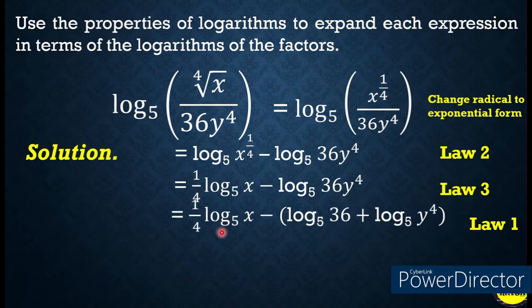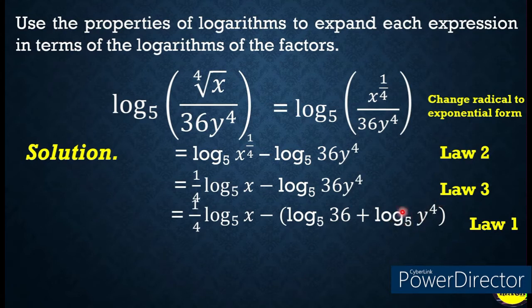So, 1/4 times logarithm of x with base 5 minus, okay, since this is subtraction, kailangan natin lagyan ng parenthesis para ma-change natin yung sign natin dito. So, expand natin yung expression na yan. So, logarithm of 36 with base 5 plus logarithm of y to the 4th power with base 5.